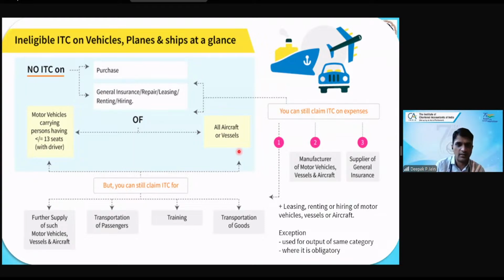Vessels मतलब क्या? बर्तन. वेजल्स को तो हम बर्तन बोलते हैं ना. तो बर्तन के ऊपर क्रेडिट नहीं मिलेगा, क्या ये बोल रहा है ये? This provision is saying that on vessels and utensils you will not get the credit.